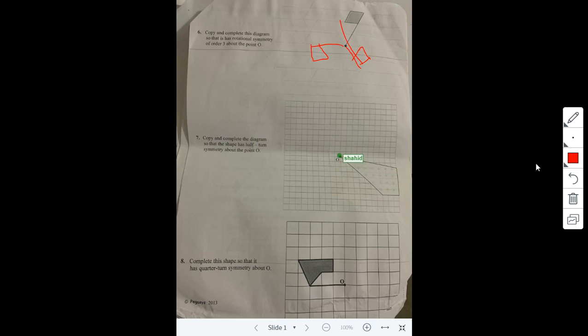So you have to see how many squares this part has, because this is a 180-degree turn, right? So it'll go like that, I'm assuming. Yes.